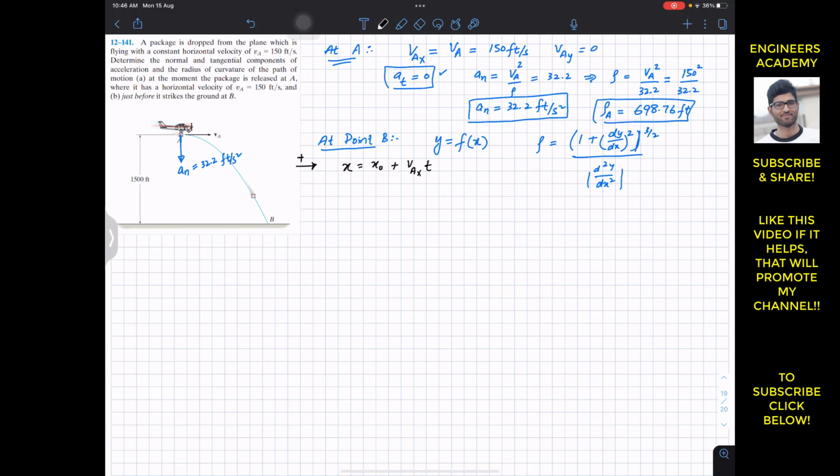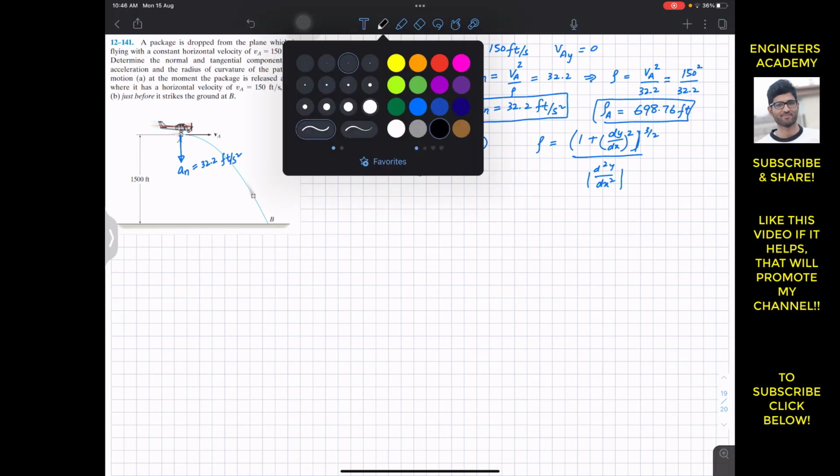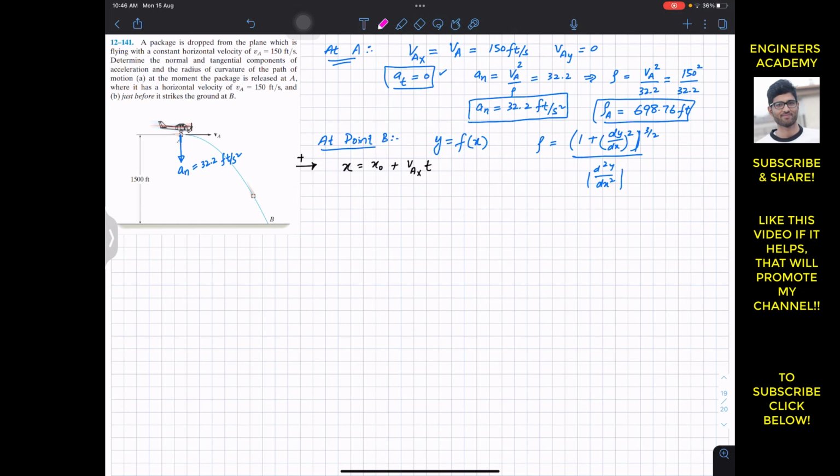If I define my coordinate system at point A, this is my positive x direction and this is my positive y direction. So the package at A is at the origin, and x naught is equal to 0.